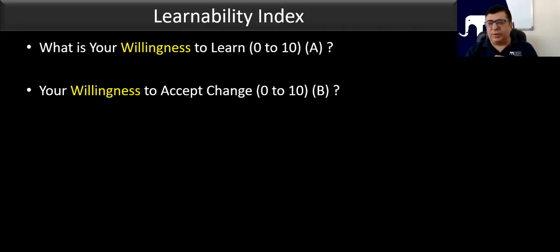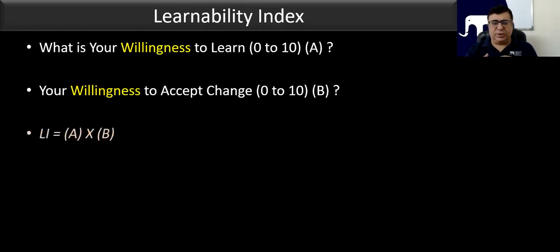That is 0 and 1. 8, 9, 10 is, no matter what happens to me, I want to change. I am open to change. Whether it requires waking up half an hour early in the morning or doing things differently than I have been doing them so far. Right? So now you have the two numbers.